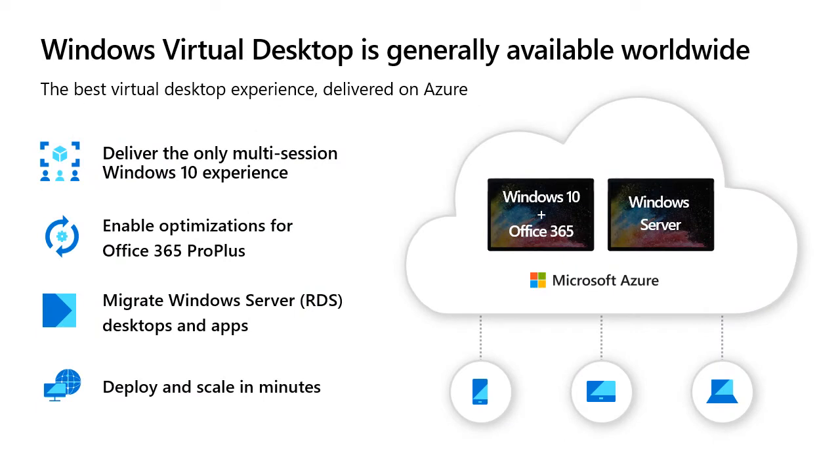Windows Virtual Desktop is now generally available worldwide. So let's take a step back. In a Windows virtual desktop scenario, you have two components. One is the client computer itself that will run the Windows operating system and the application, including maybe, for example, Office 365 on the device itself.